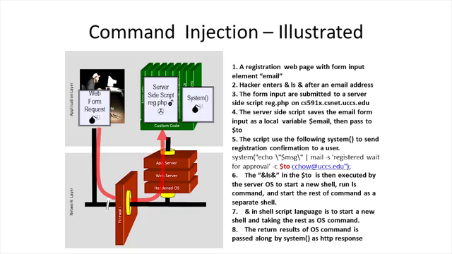Fourth step, the server-side script saves the email from the phone input as a local variable, like $email, and then passes it along to the variable $to, and finally sends it into the system function call.